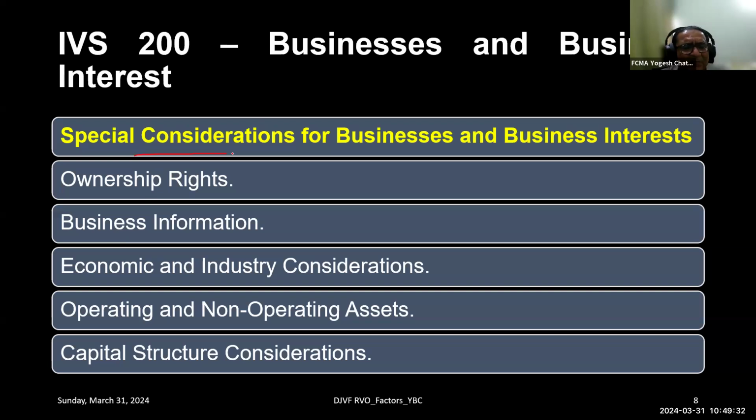And these are the special considerations for a business and business interest: ownership right, business information, economic and industry consideration, operating and non-operating asset, capital structure consideration. Guidance on all this is provided in detail in IVS 200. Whenever we are doing the valuation of a business or a business interest, we need to go through these considerations also.